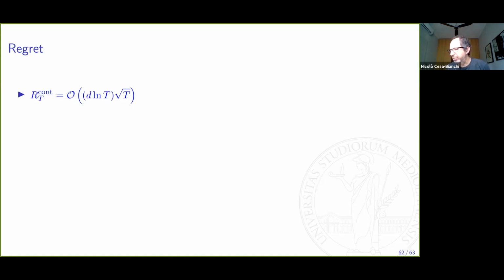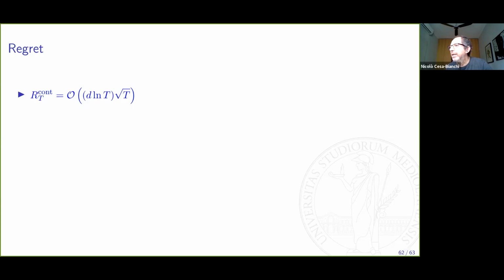Calibration is telling you a different thing. It's something studied in game theory, and you really care about convergence of your actual decision to some subset, so your W_t has to converge to some subset. Okay, let's stop here, I don't want to make more confusion. What I wanted to say is that you can give up the additive structure of the regret, but only to a very little extent.